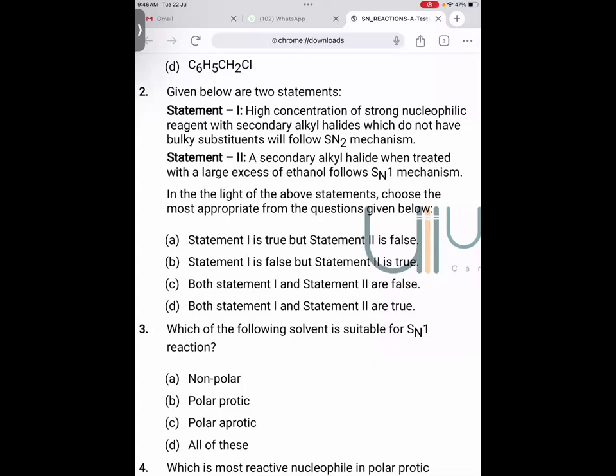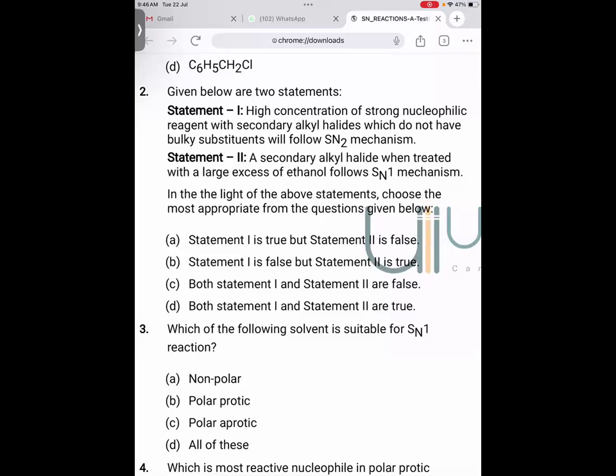If less bulky, that will favor SN2. Do not have bulky substituents will favor SN2. Correct. Secondary can go either way: if bulky, SN1 is favored; if less bulky, SN2 is favored. And if it is a strong nucleophile, which is favored?